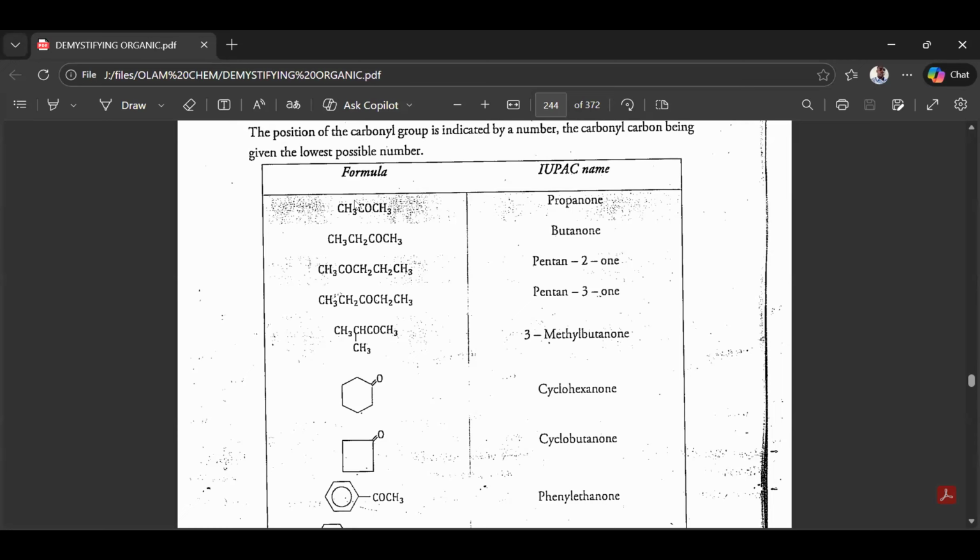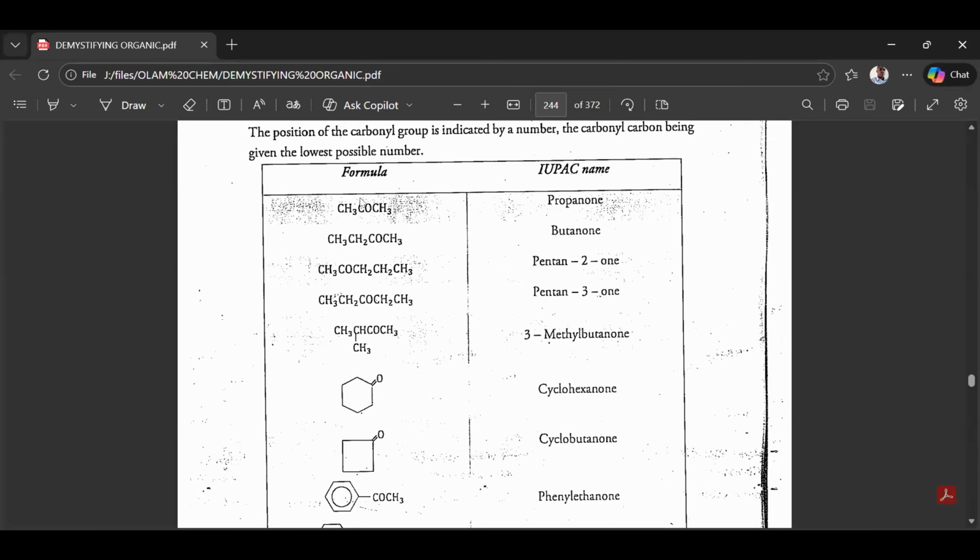Because you have a methyl group here, you also have another methyl group here. So only the carbonyl carbon is carrying the methyl groups, not hydrogen atoms.